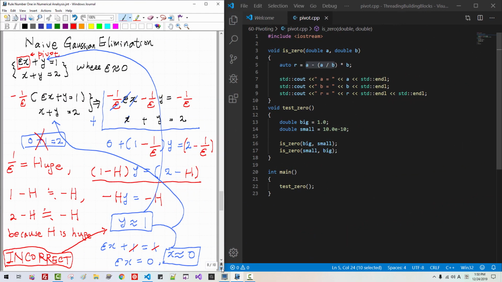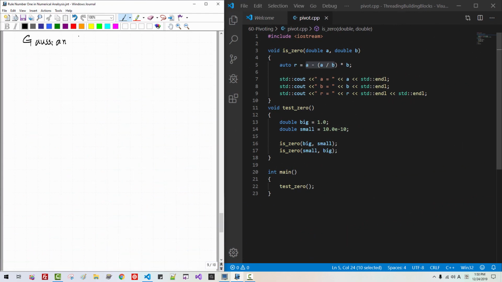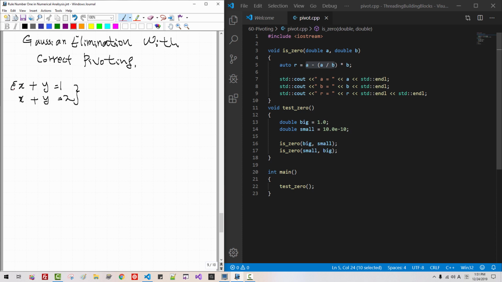Now scroll down. Gaussian elimination with correct pivoting. Epsilon x plus y equals 1, x plus y equals 2. Since this element is very small, close to 0, we swap two rows.